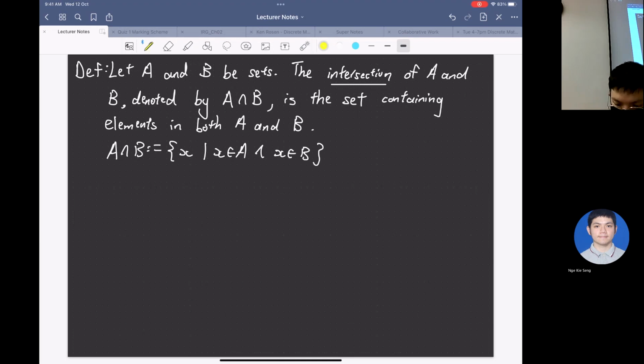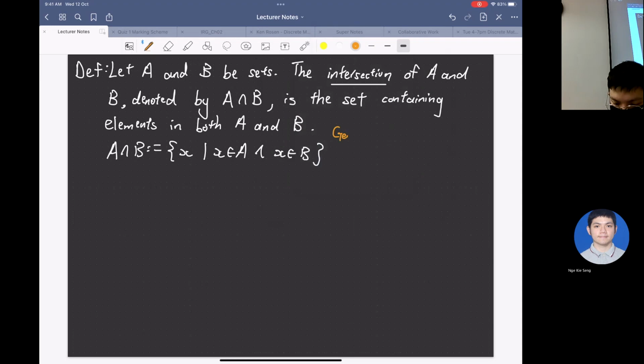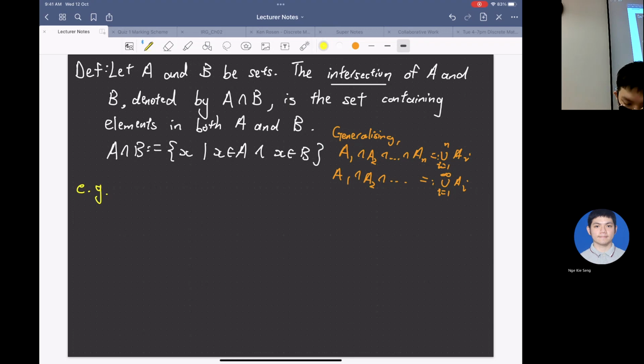Similarly, you can generalize this definition to finite intersection and also infinite intersection. Okay, so let's give an example.